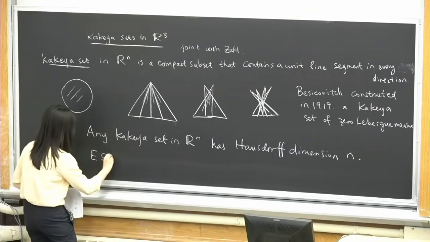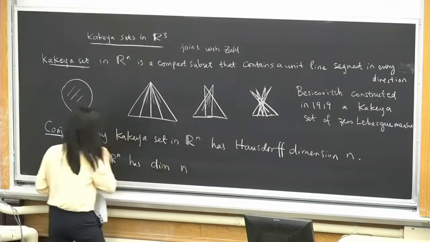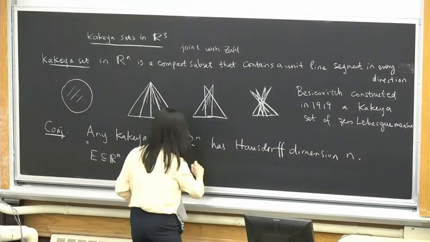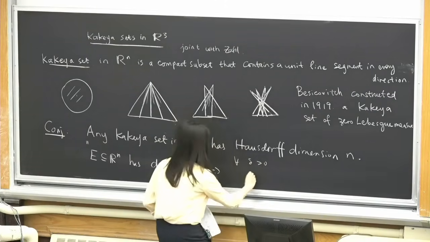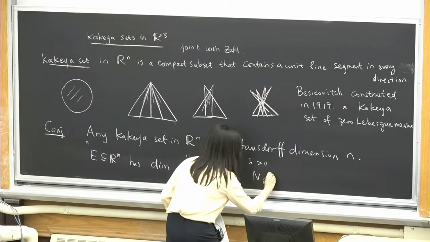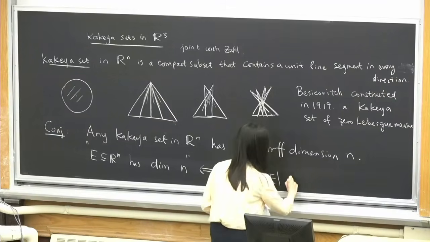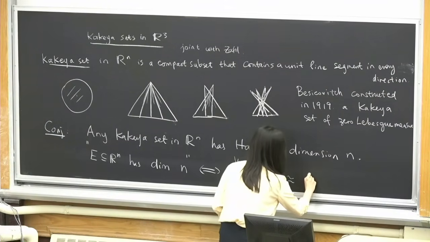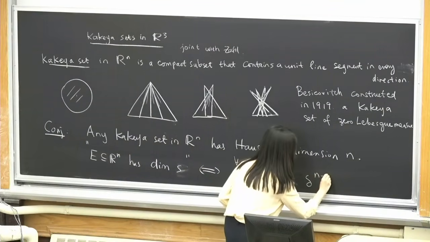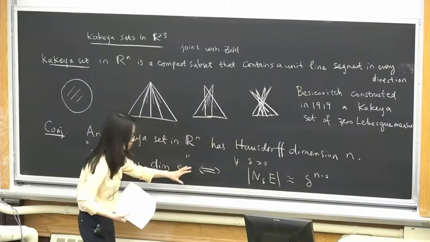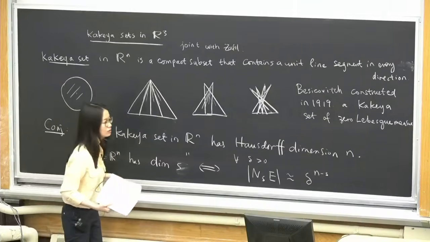So E in Rn has dimension, in big quotation marks, S is equivalent to saying that for any small delta going to 0, if we take the delta neighborhood of E, the measure is approximately delta to the n minus S. Again, this is not rigorous at all, but let's use this to serve as an intuition.